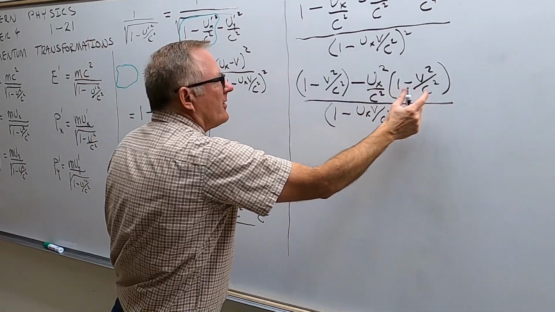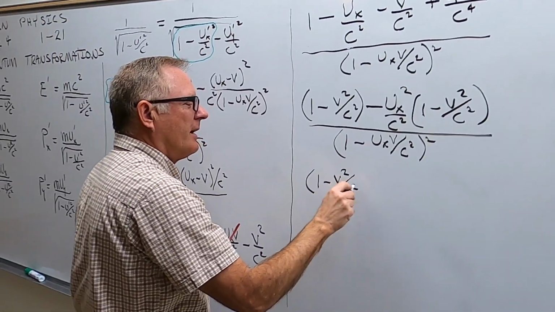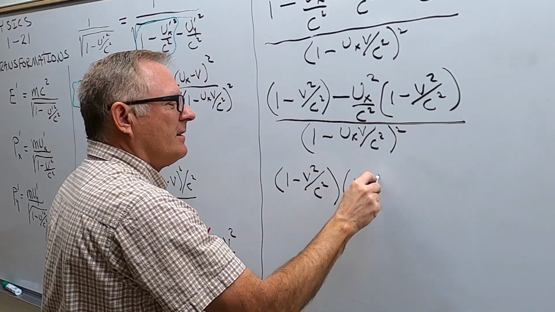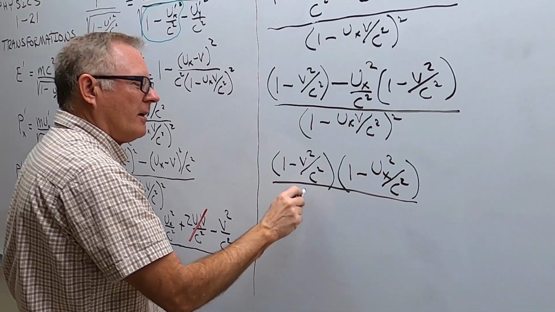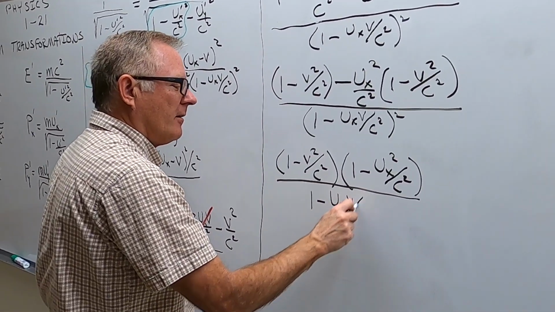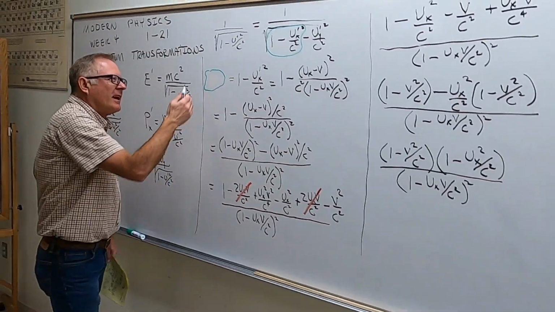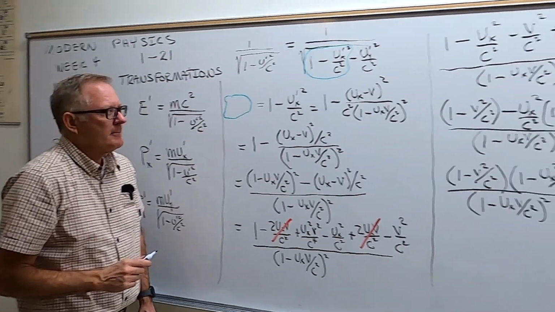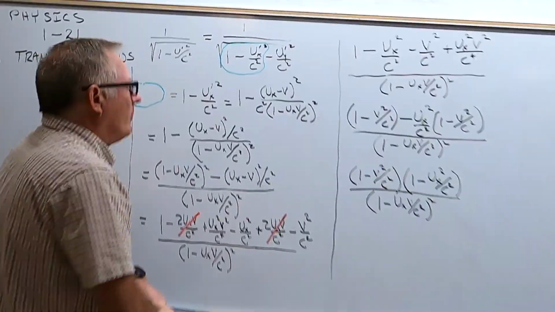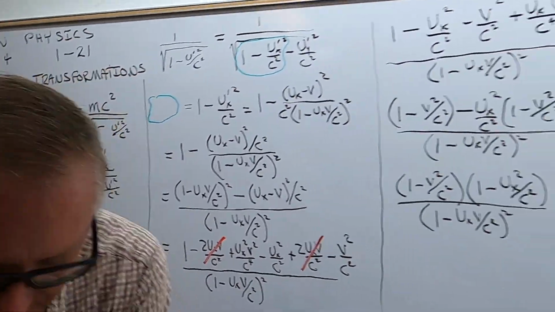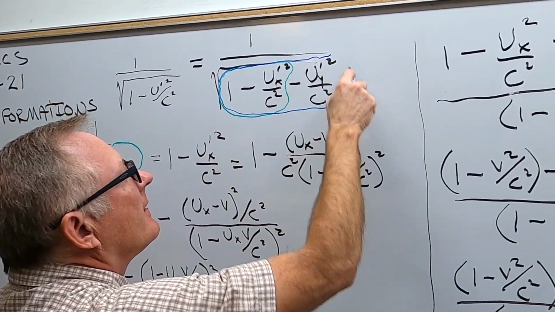Okay, now I can factor these 2 out. So this is 1 minus v squared over c squared, 1 minus ux squared over c squared, divided by 1 minus uxv over c squared, squared. Okay, so that's everything in the green right there. Now I'm going to say what is all of this inside the square root right there.